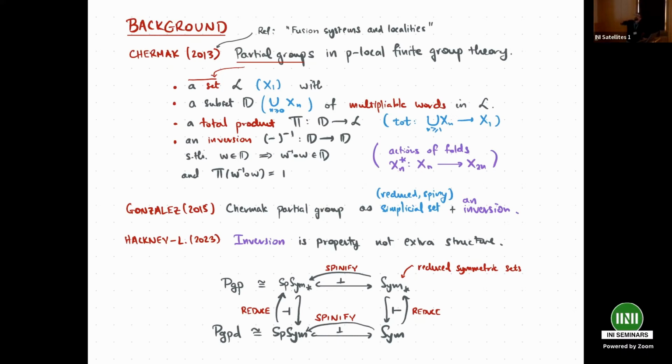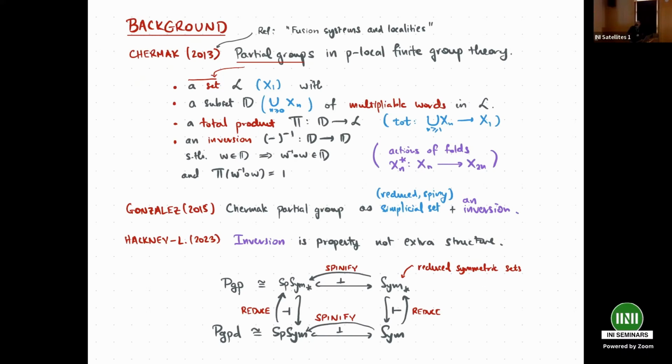But ultimately, without the inversion, we could boil this down to some sort of simplicial structure, with interpretations on the simplicial side. But this inversion is essentially giving you an action of folds.